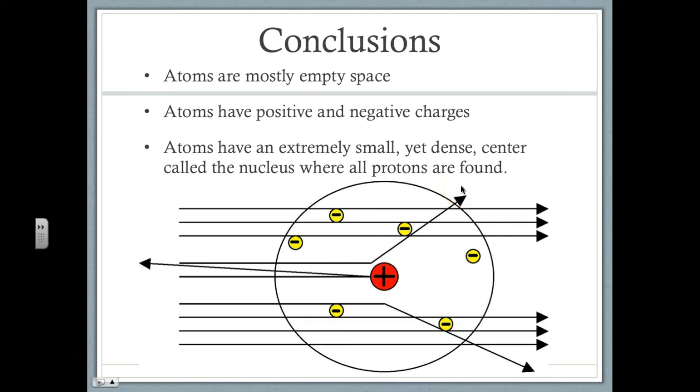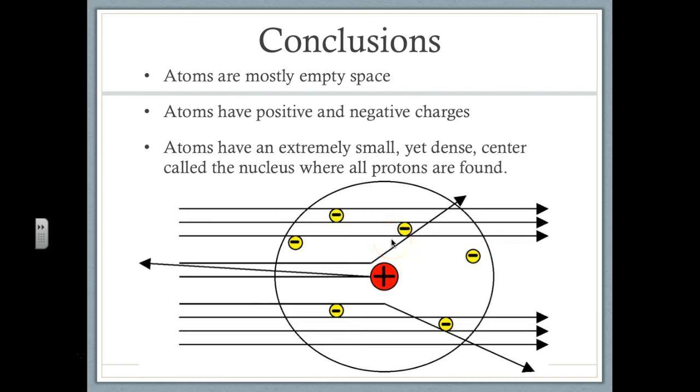So again, Ernest Rutherford was able to create this model to help explain his three observations. Again, his observation was most of the particles went straight through, which he explained was because atoms are mostly empty space. Some of the particles veered at very tiny angles. Well, that was because of the positive and negative charges.